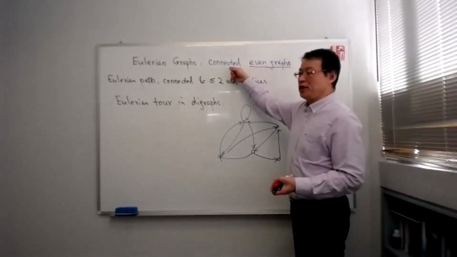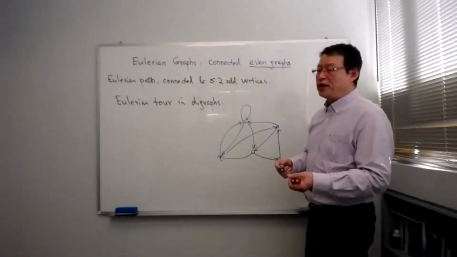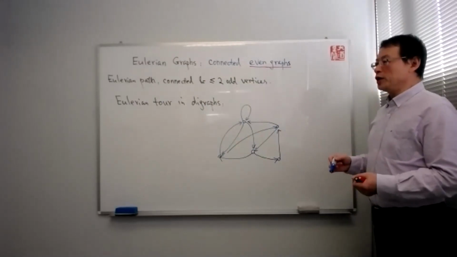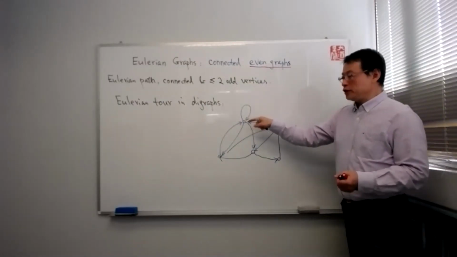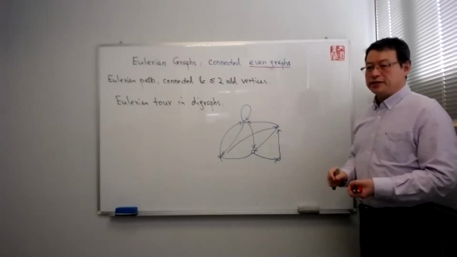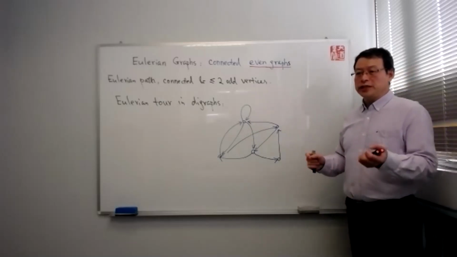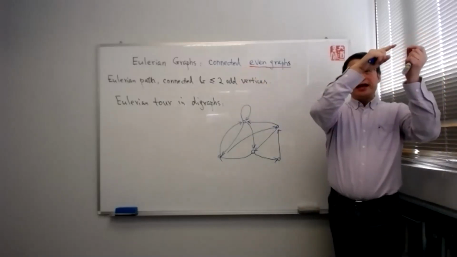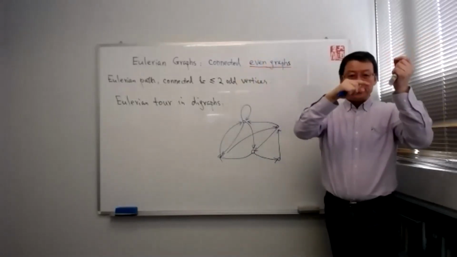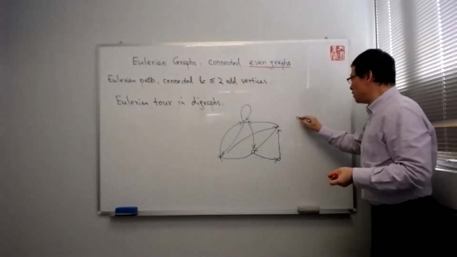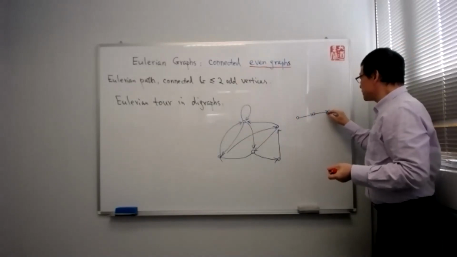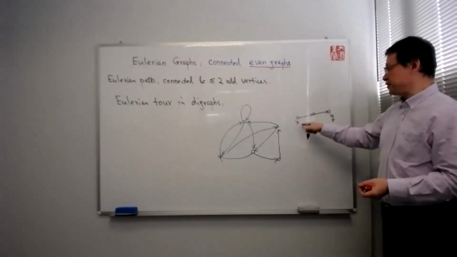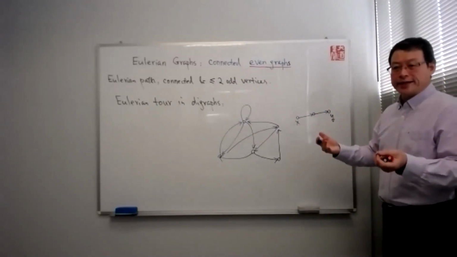Of course, connectivity also matters: it fails if the graph is not connected. But for a digraph, connectivity can mean two different things. Here, what we mean is that if we ignore the direction of the edges, then it's connected. That would be good enough. Another stronger notion is that a digraph is strongly connected if for any pair of vertices X and Y, there are paths from X to Y and also from Y to X. For a digraph, that's different because we may have paths from X to Y but not from Y to X. That's called weak connectivity.